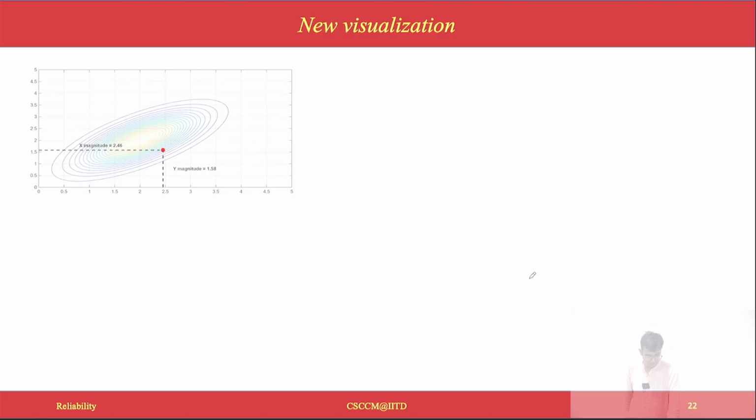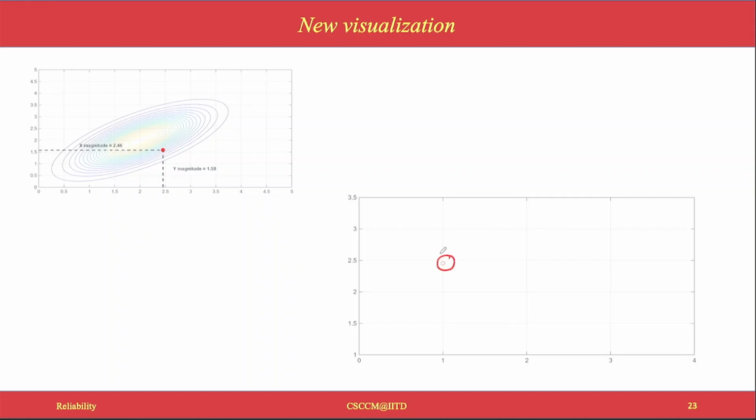So, you see this point here? This is representing the 2.46 from this point, obviously, from the x-axis. What will be this value? 1.58.